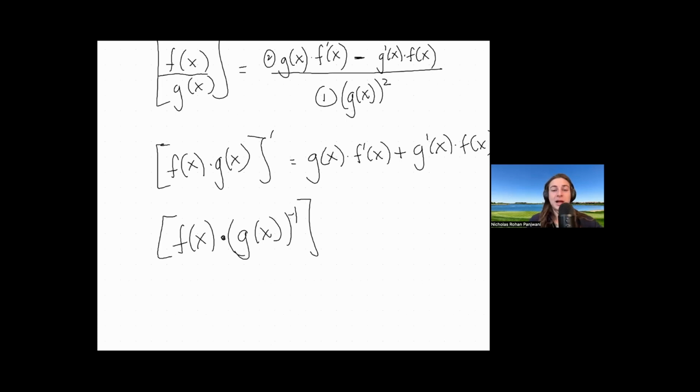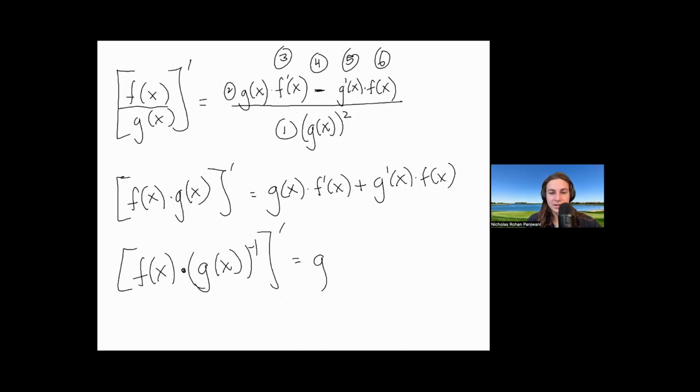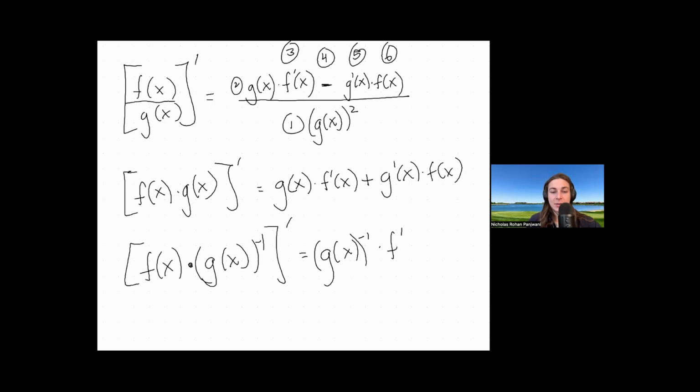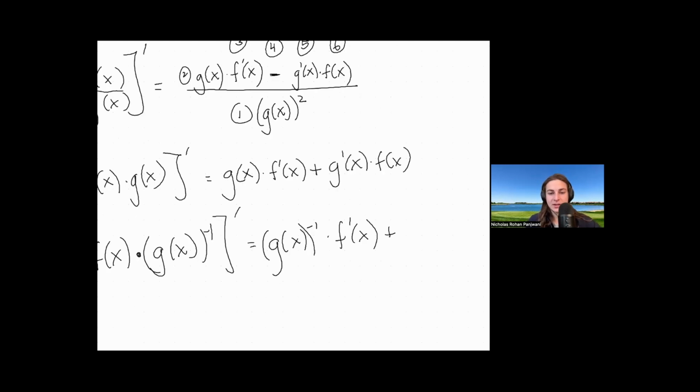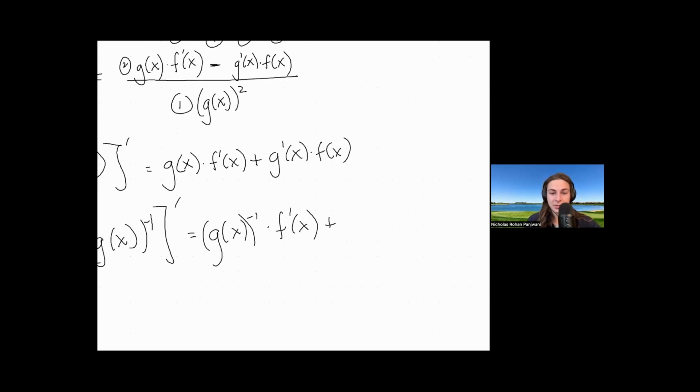So we're going to apply our product rule in this situation. We're going to keep the second one as is, so g of x to the negative 1, times f prime of x, plus, now we're taking the derivative of this entity here. Now it's not just g of x, but g of x to the negative 1. So we have a power rule situation.